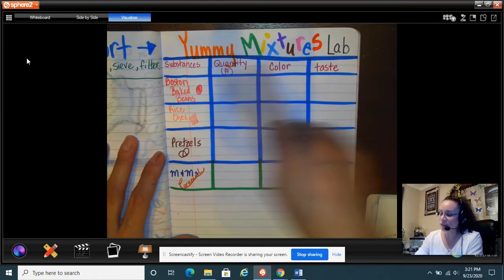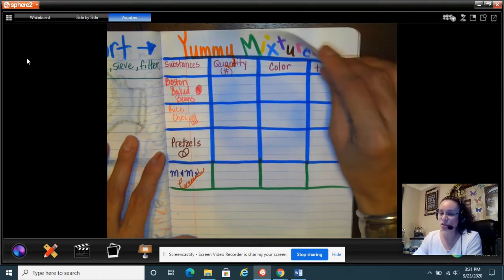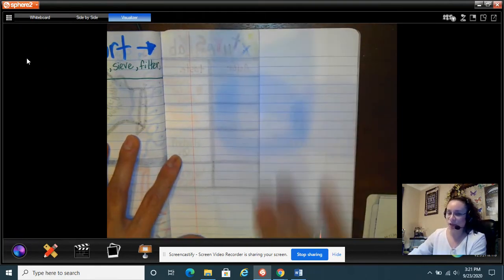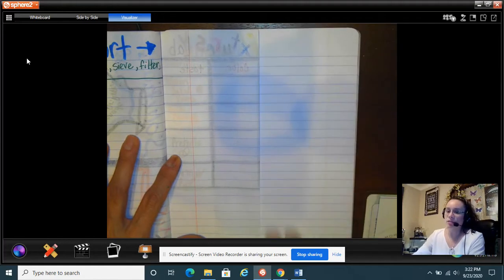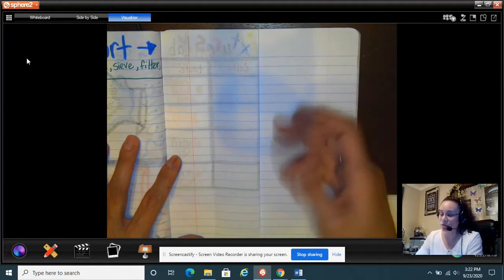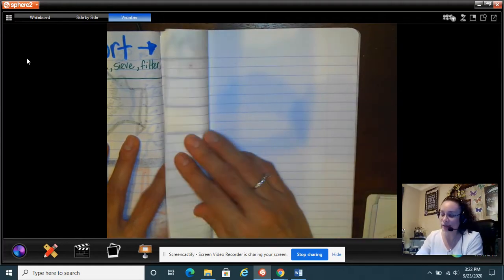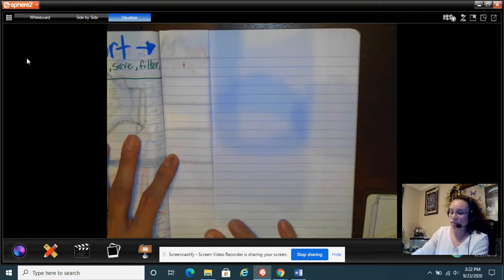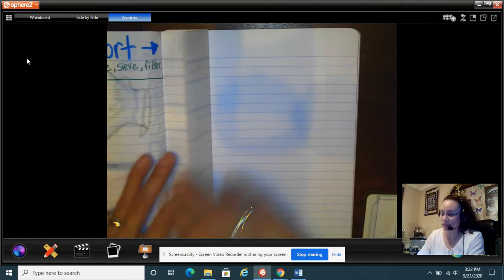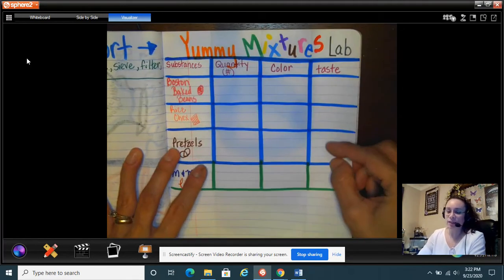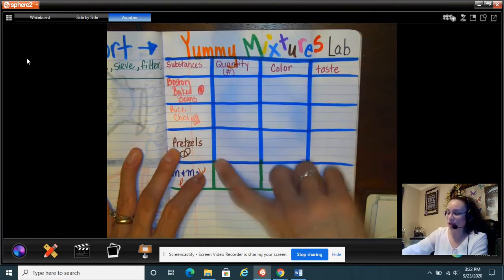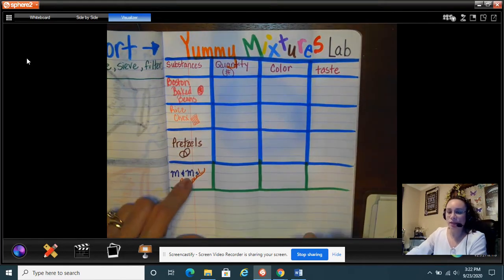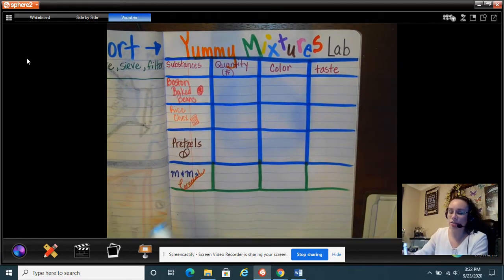And in order to get this data table, I took my page and I folded it in half. I want 4 columns. So I took this page and I folded it in half again. Once I folded it twice in half, I get these nice vertical lines and I just trace them with blue. And then I underlined the title.